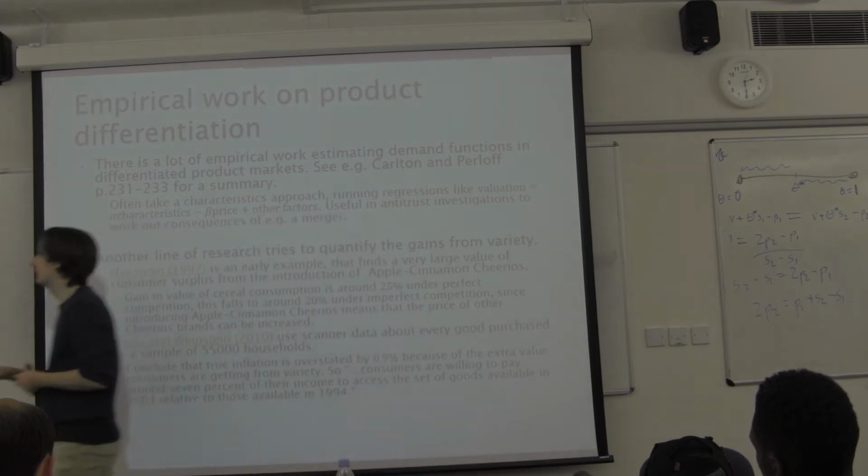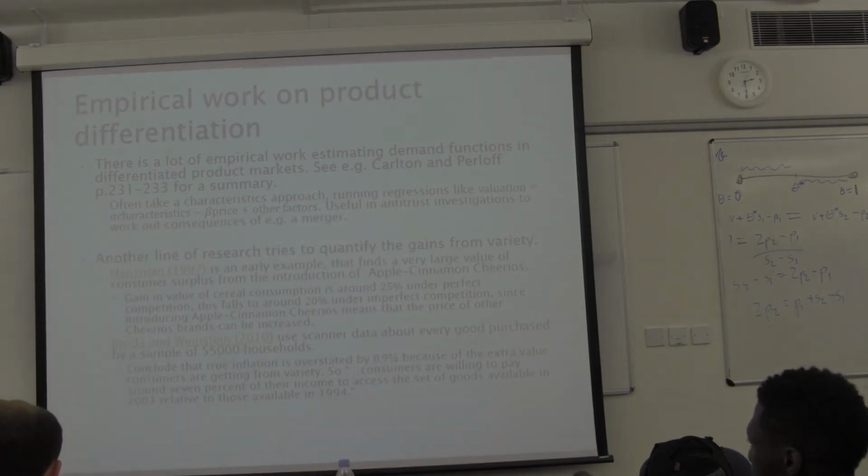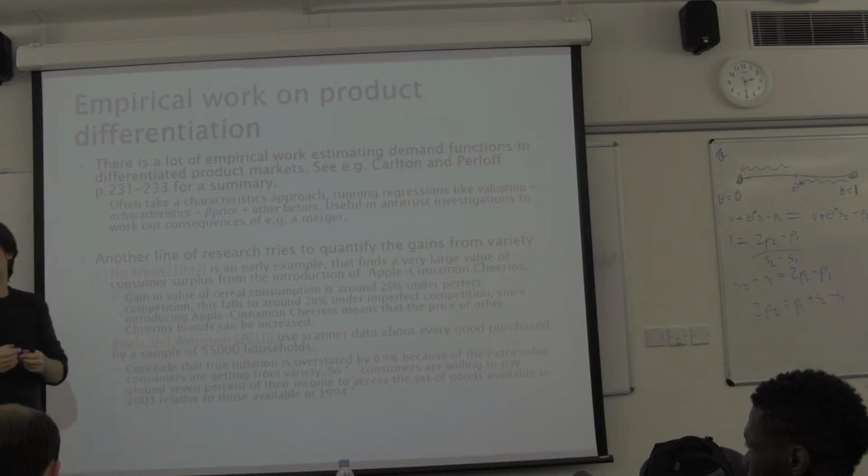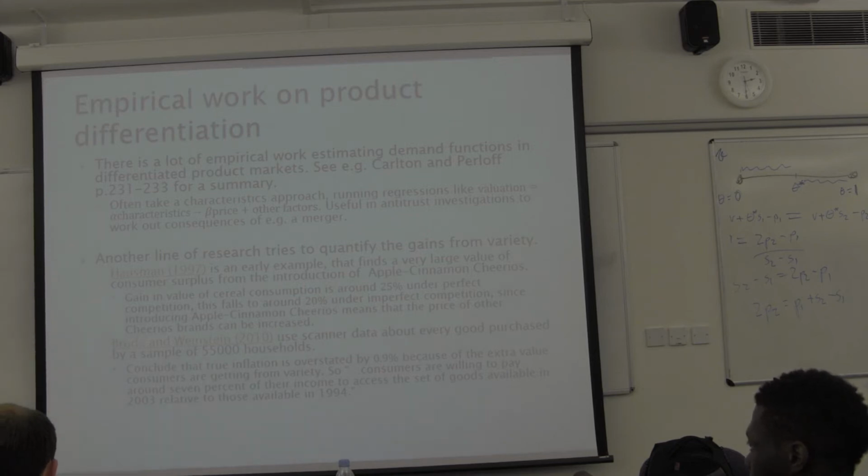Remember, we had consumers located on a circle. With just one firm, one product, then everyone has to buy that one product. And in the story of the model, that means these consumers really have to walk a long way to buy that product. If you're taking this metaphor view, where you view the location as a metaphor for preferences, then walking a long way means buying something you don't really like.